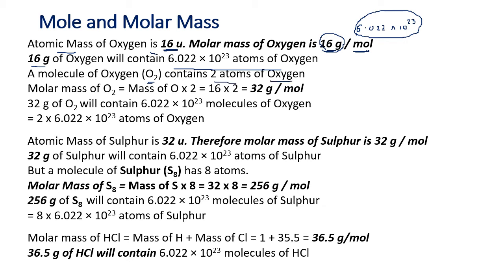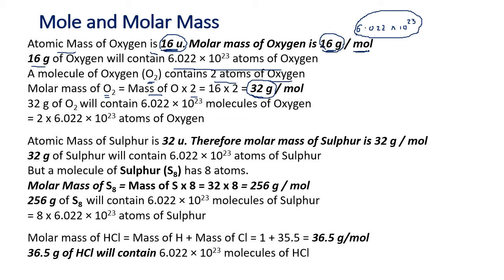So what is the molar mass of O2? Molar mass of O2 is the mass of oxygen into 2. So you see here, atomic mass of oxygen is 16 units, but molecular mass of oxygen is 32 units. 32 grams, 32 units.